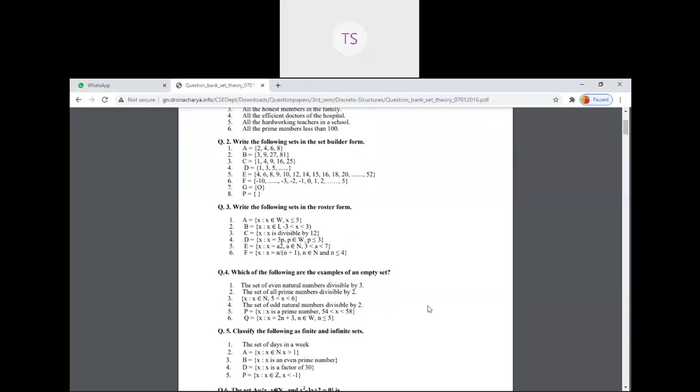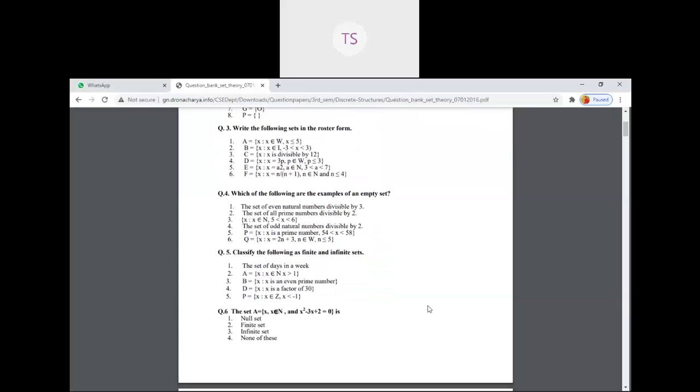Question number 4 is an interesting example. Which of the following are examples of an empty set? So remember the definition of an empty set. Can anyone tell me the definition of an empty set?